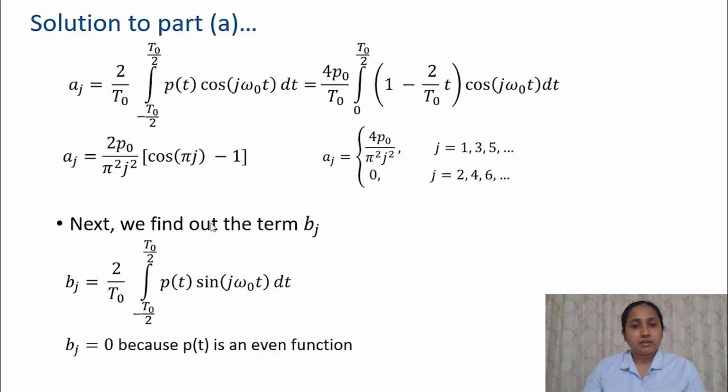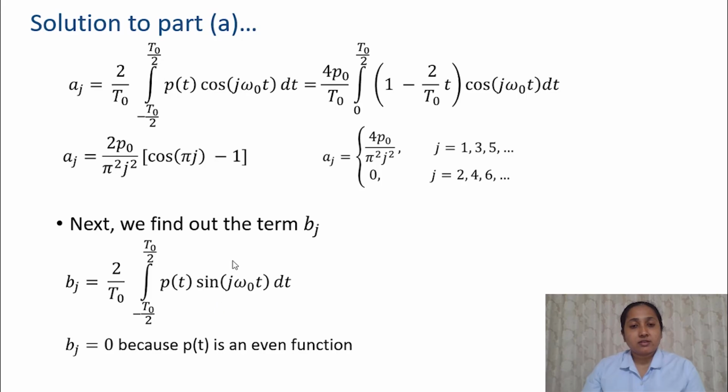Now we need to find out the term bj. So bj is given by 2 by t naught integral pt sine j omega naught t dt. We have already seen that pt is an even function, and sine, we know, is an odd function.